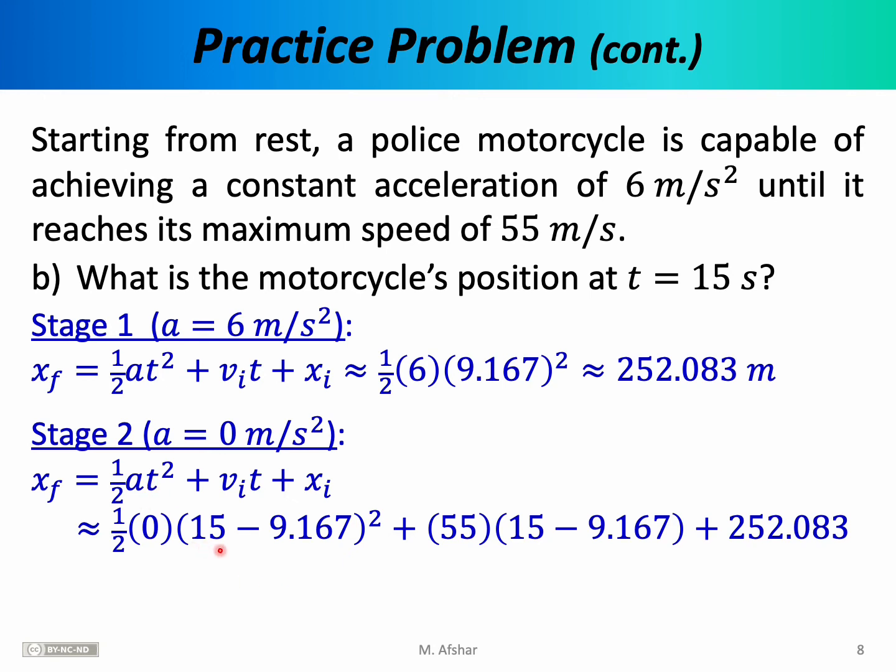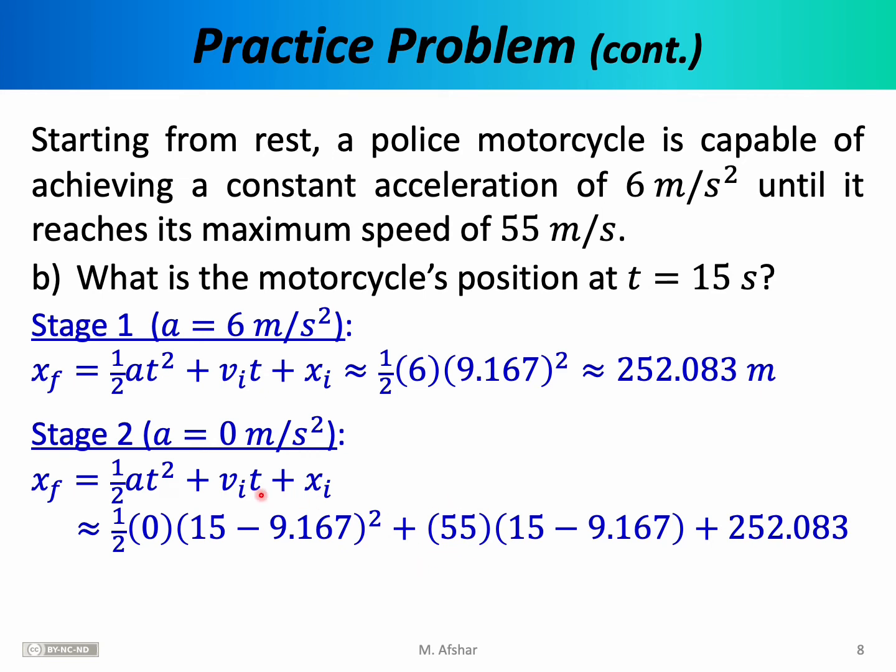The time is now 15 minus 9.167, so these 9 seconds correspond to stage 1. The amount of time that we spend in stage 2 is basically the difference between 15 and 9. You square that. V initial is 55 now. Remember, this is stage 2. The motorcycle has already maxed its speed. It's just cruising at a constant 55 meters per second for the whole time.